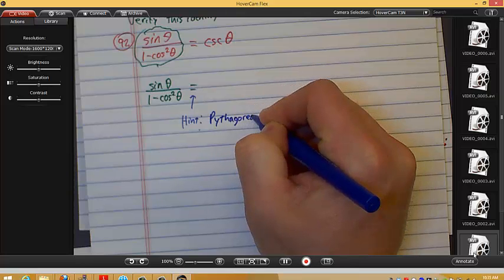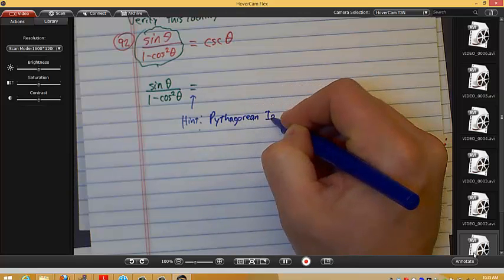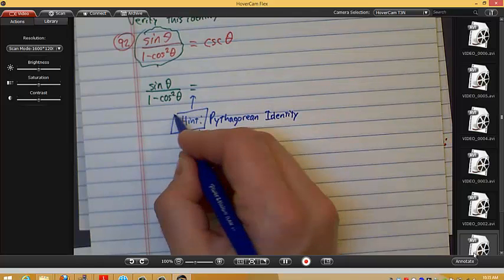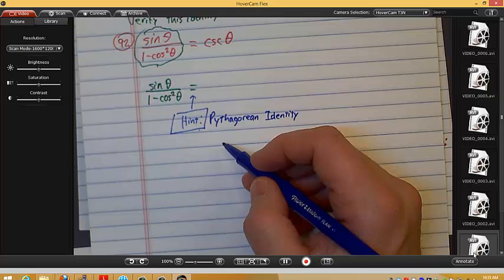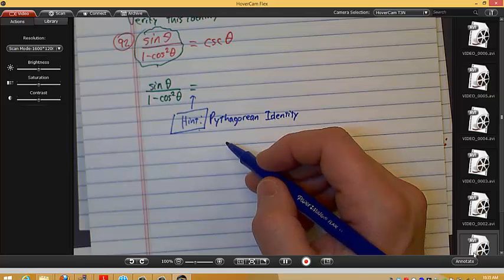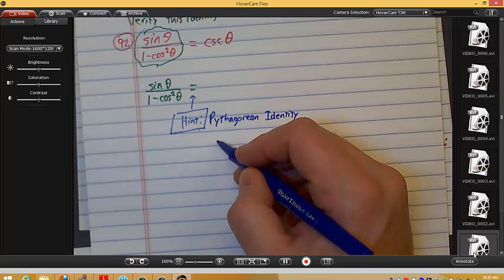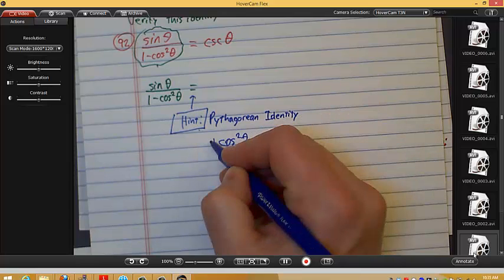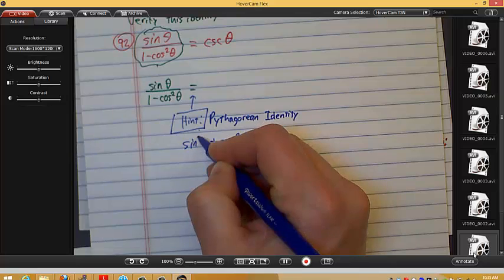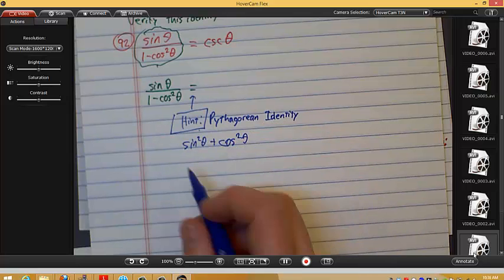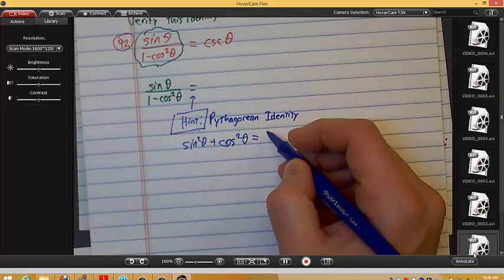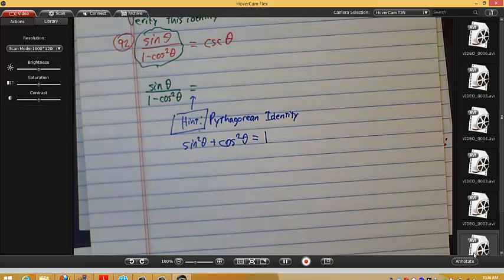What's the Pythagorean identity again? That was like 2 pages ago. Now I'm forgetting it. Yeah, we have sine squared theta plus cosine squared theta. I usually write it this way, actually. I don't know why. I guess I think of sines before cosines. Sine squared theta plus cosine squared theta is equal to 1. That's how I usually write the Pythagorean identity.